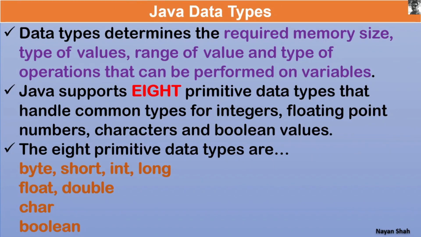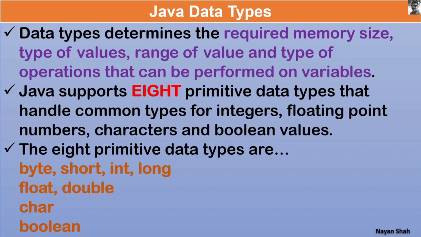The data type decides that whenever we create a variable, how much memory it will occupy, what type of value we can store in that variable, what range of values we can store, and what kind of operations can be performed on that variable.